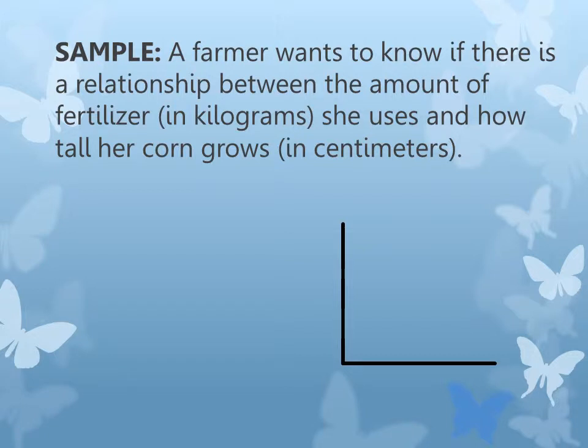Okay, so here's a sample. A farmer wants to know if there is a relationship between the amount of fertilizer in kilograms she uses and how tall her corn grows in centimeters. So the first thing we need to do is pick out which thing is changing. Okay, so the thing that she is changing is the amount of fertilizer, right?